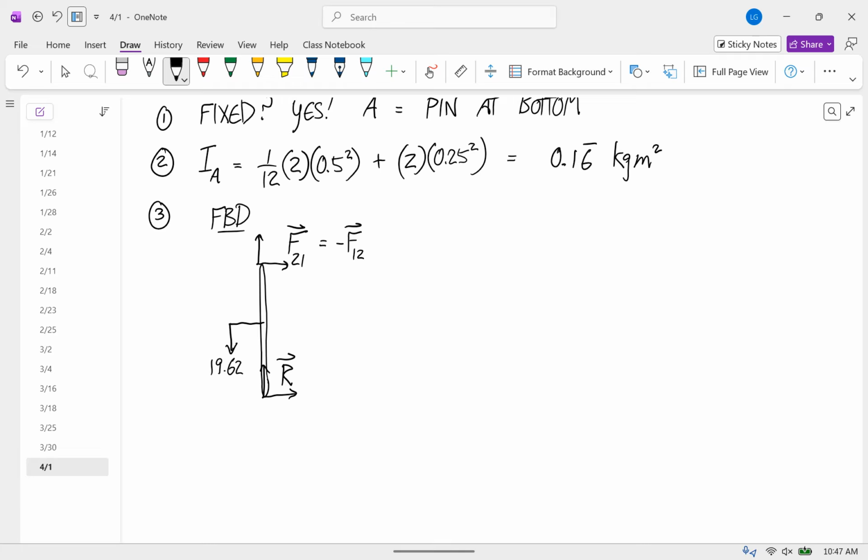And this time our about point is here. So I'll start with this r vector. The rho vector is 0. The force is Rx, Ry. Cross product is 0.